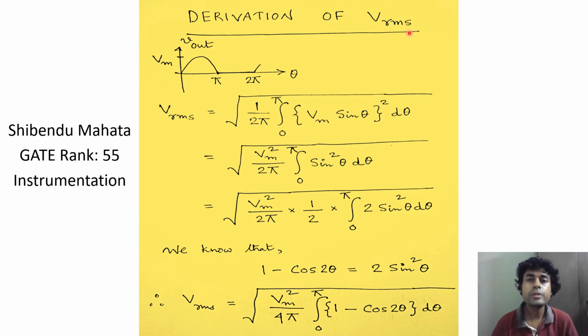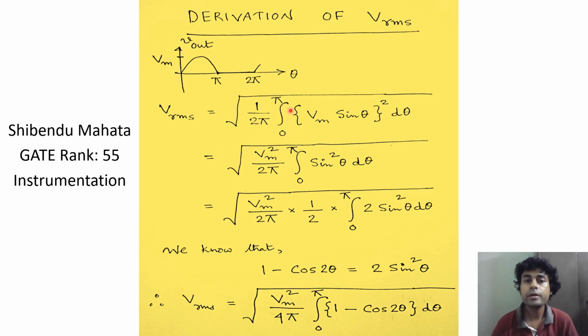So for root mean square, we go in the backward way. We first square this signal. This is the squaring of the signal, Vm sine of theta whole square. Then we find the mean of this signal. Mean of this signal means we find the mean over the entire time period, and the entire time period is 2 pi.